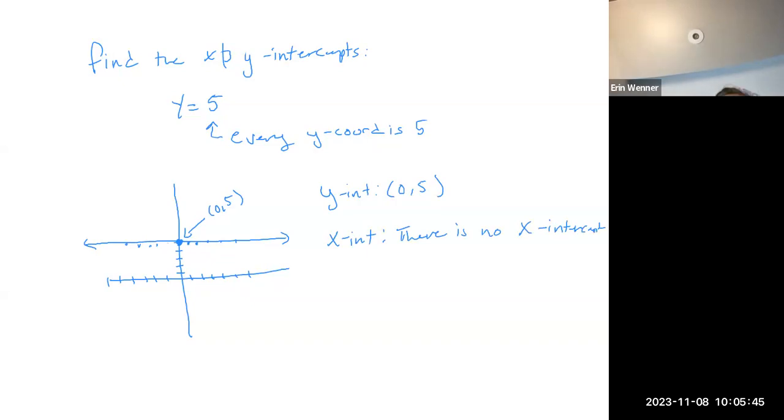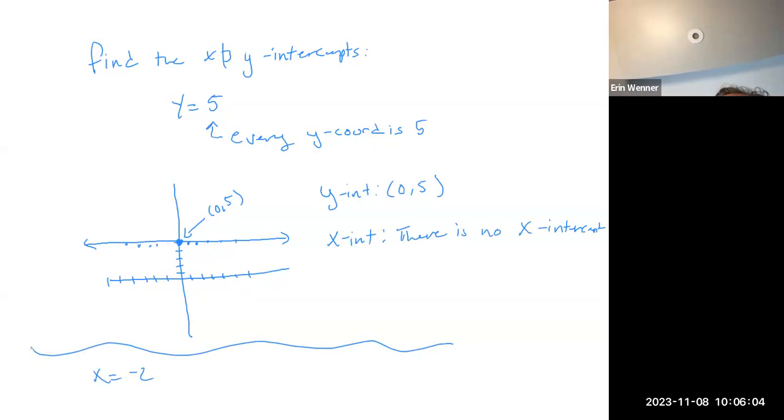So it's possible we could have had a situation where a problem had given us, let's say, x equals -2.